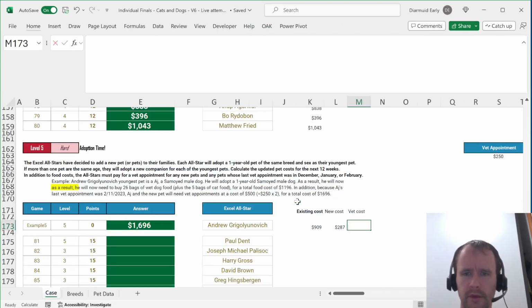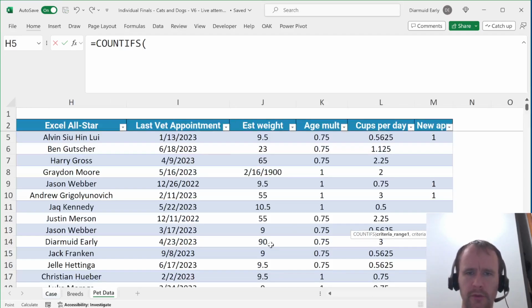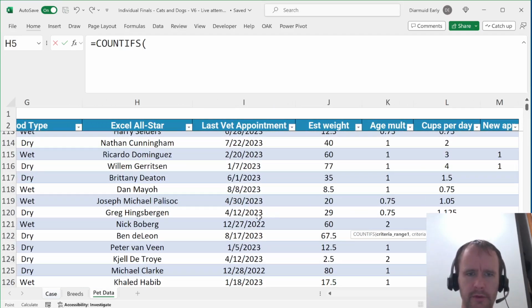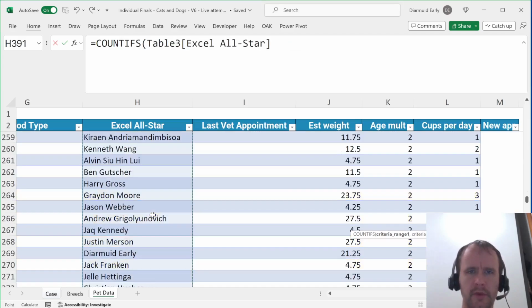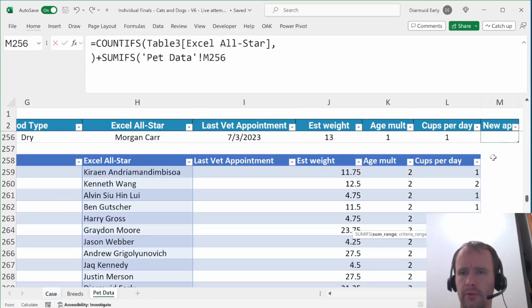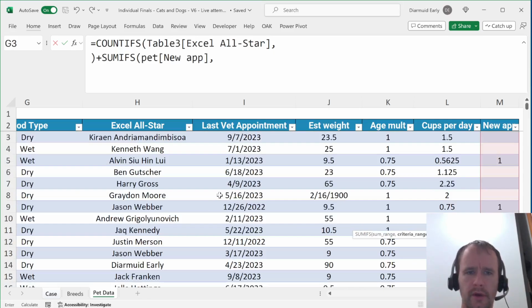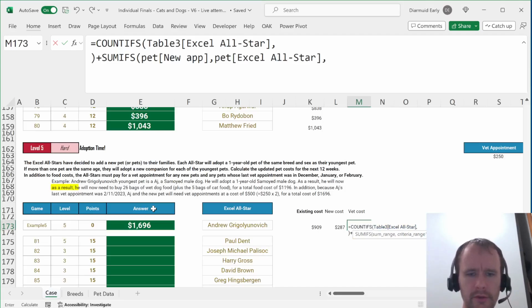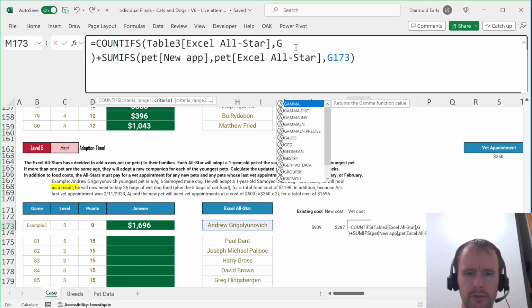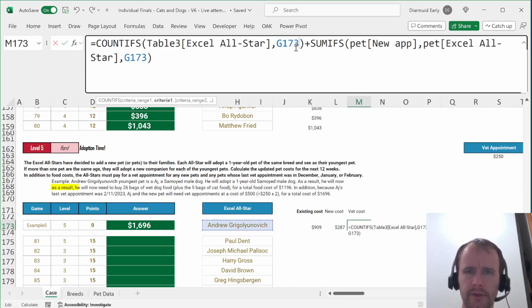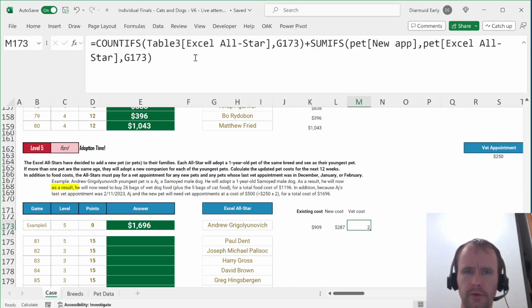Then we'll say equals COUNTIFS. So we need how many new pets they have, which is just COUNTIFS in this column is whatever their name is, which we'll find in a second, plus SUMIFS, new appointment, where this is whatever their name is, which we'll go find now. So that's G173, and where this is G173, and that should give me 1 each. 2, yes.